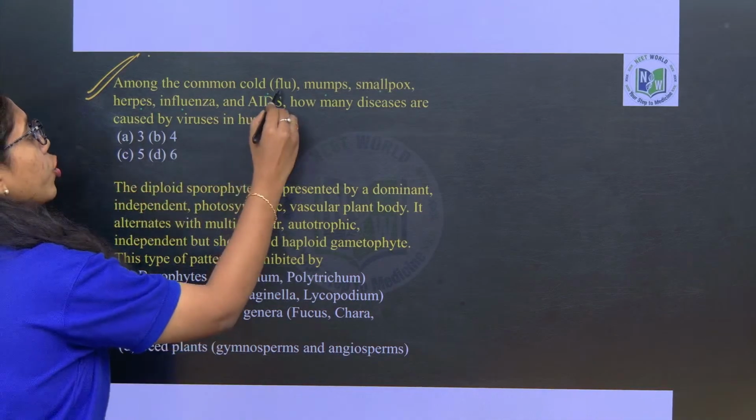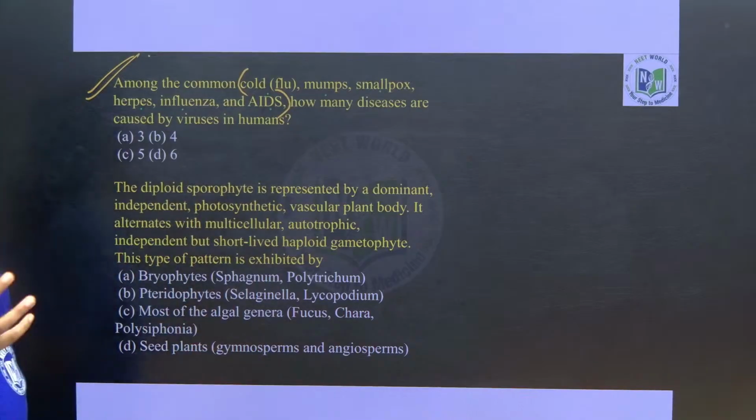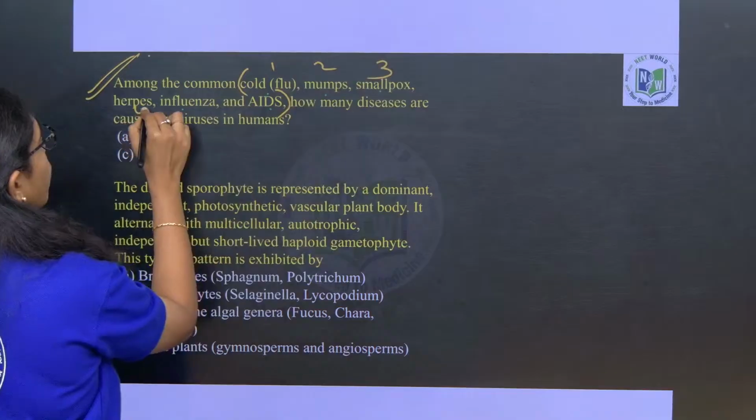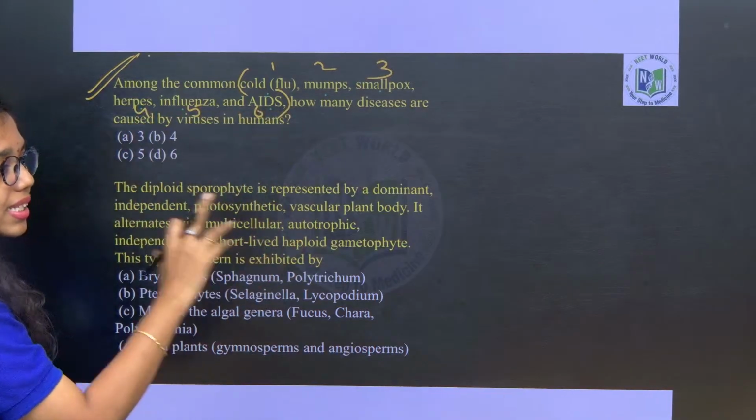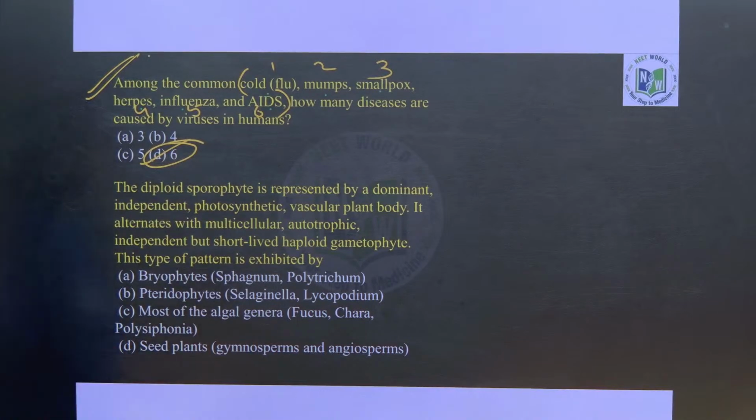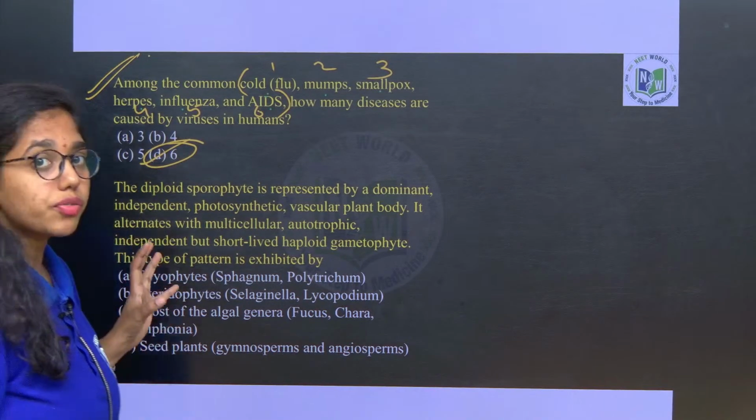All these are human viral infections only. So, all 6 are viral infections, that is option D. Now, this question is from the plant kingdom.